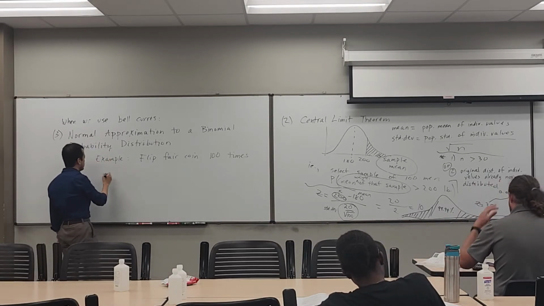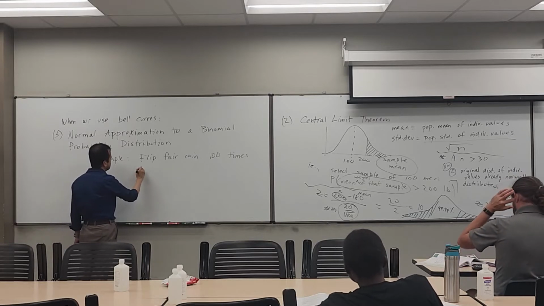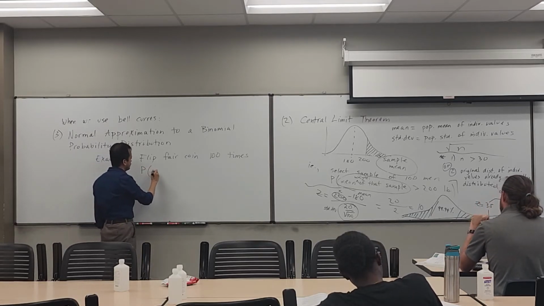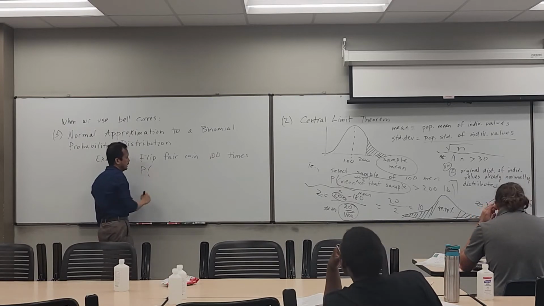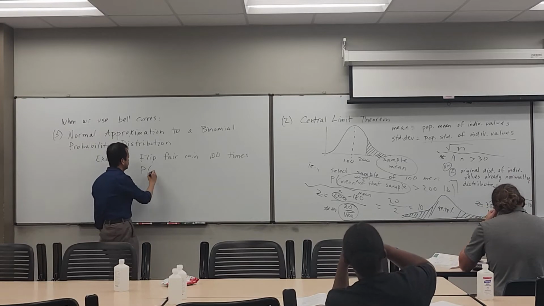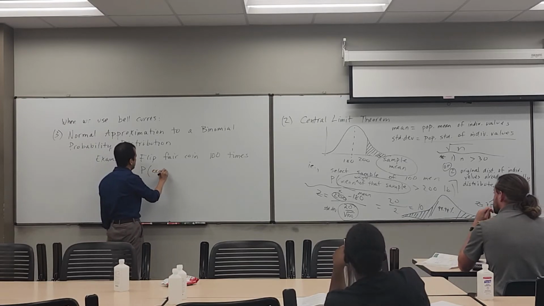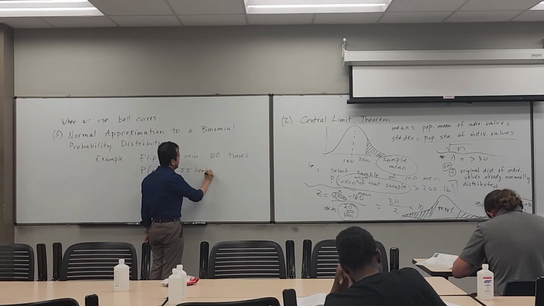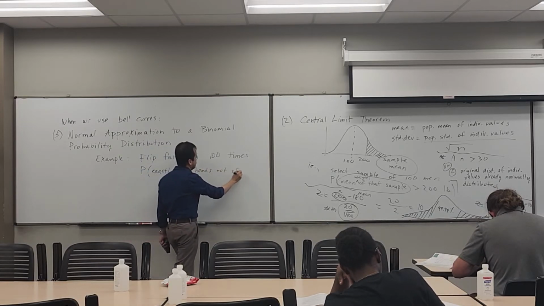And let's say that the question is, you want to find the probability that the number of heads you observe out of 100 flips is exactly 55. So find exactly 55 heads out of 100 flips.